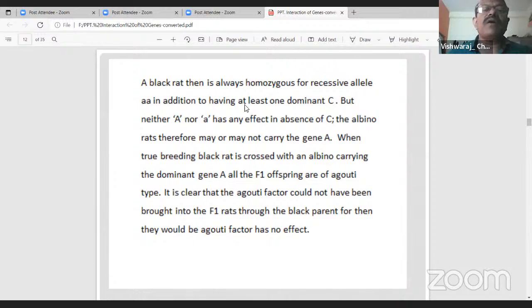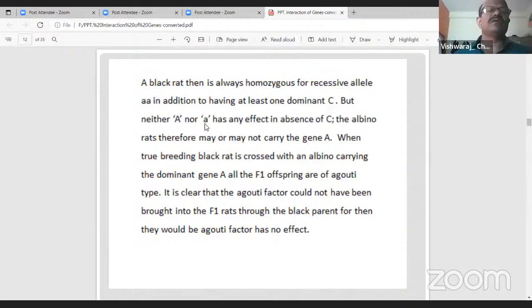In addition to having at least one dominant capital C, neither A dominant nor a recessive has any effect in the absence of C. Small a is recessive and capital A is dominant: capital letters show the dominant character and small letters show the recessive character in Mendel's law.